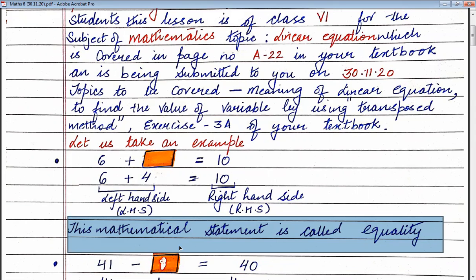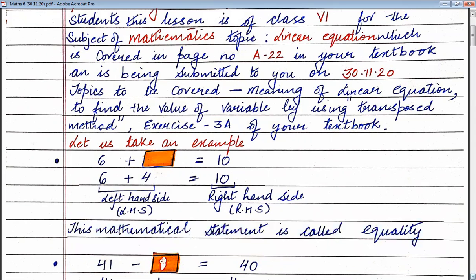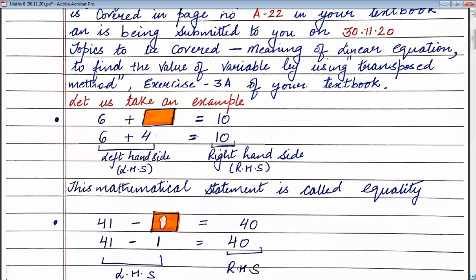Let's take one more example. Now let's move on to the second example, that is 41 minus dash is equal to 40. Again, it is very easy.